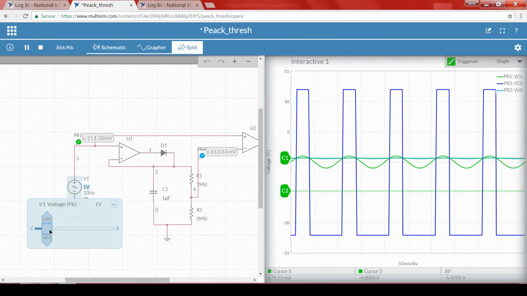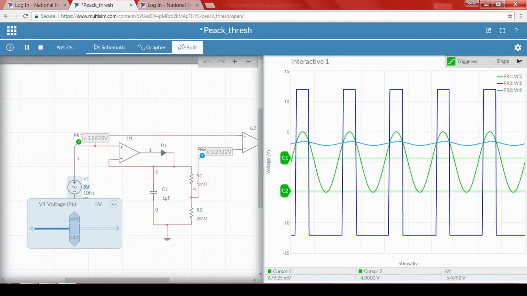If I change the input voltage, even the thresholds, everything will change. So, let me make it 5 and change this to auto. We can see the threshold has also changed. This is the input, this is the threshold and this is the output that we are getting.